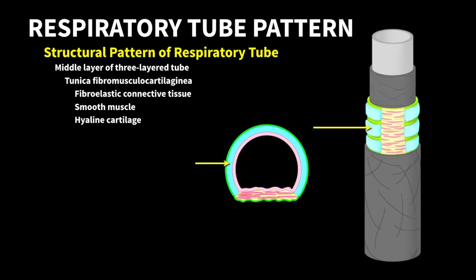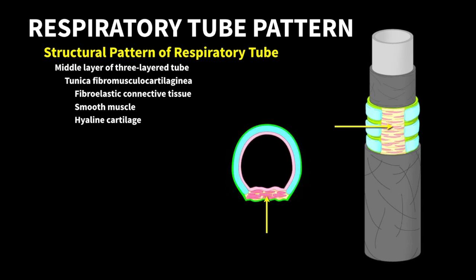Note that the cartilages are incomplete rings. This allows the muscle in the wall to contract and deform the cartilages. When the muscles contract, they narrow the tube, and when the muscles relax, the tube once again widens. This adjusts the volume-pressure relationships within the tube to allow for a more efficient airflow.